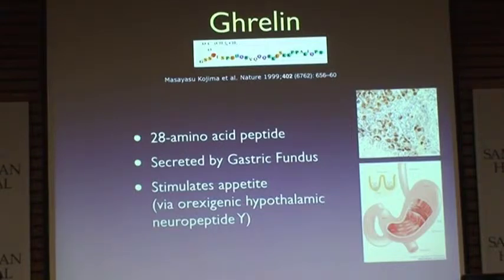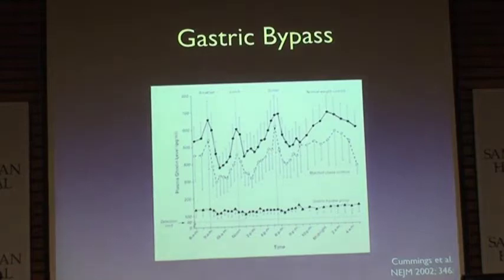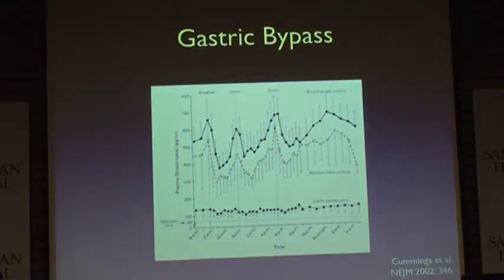It is nothing but a peptide, 28 amino acids. It's made by the cells that reside in the fundus of the stomach. And when we bypass that part, or when we remove that part of the stomach, in the two operations we just saw, we get a significant drop in this hormone in our bloodstream, and this effect lasts for life.